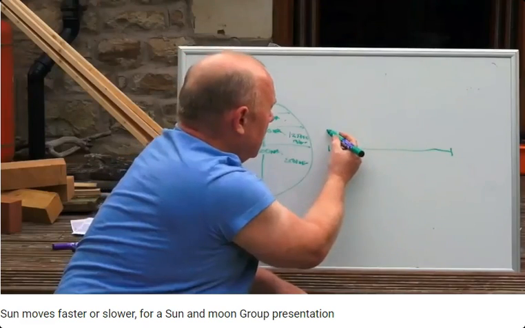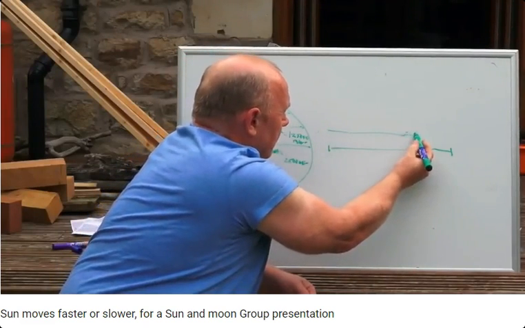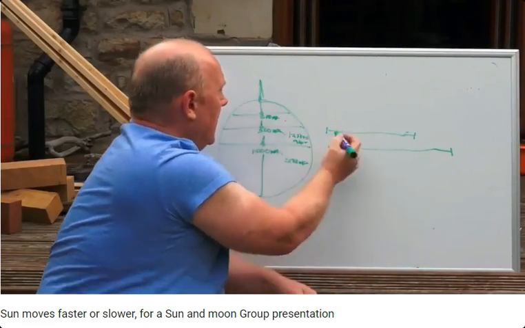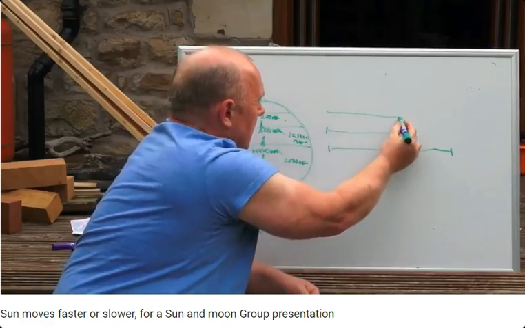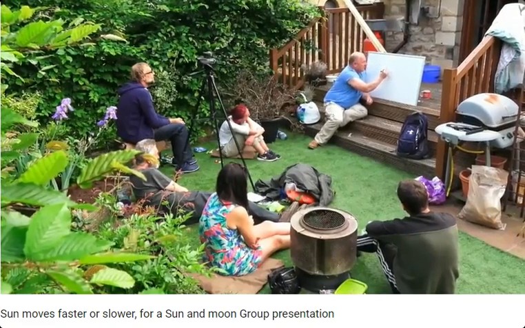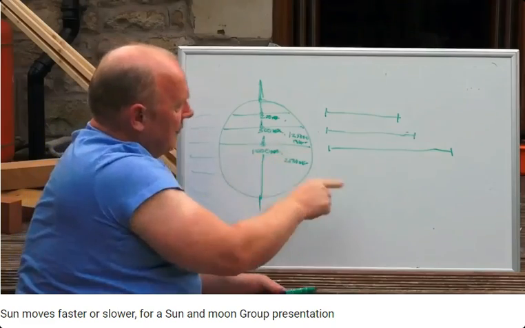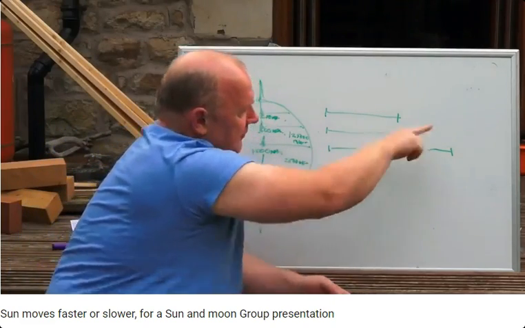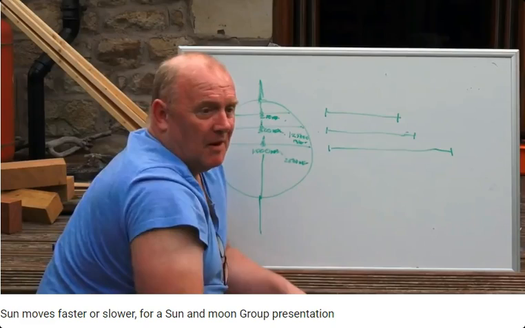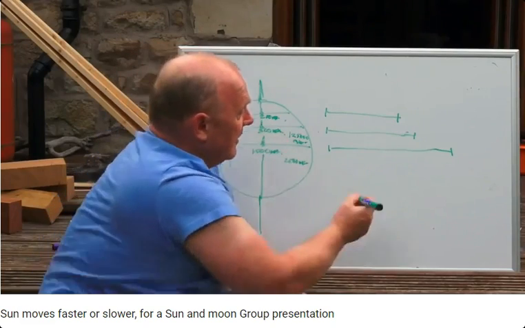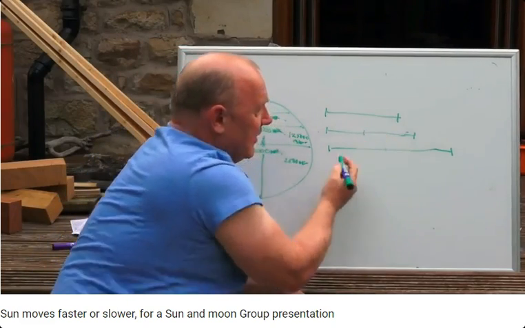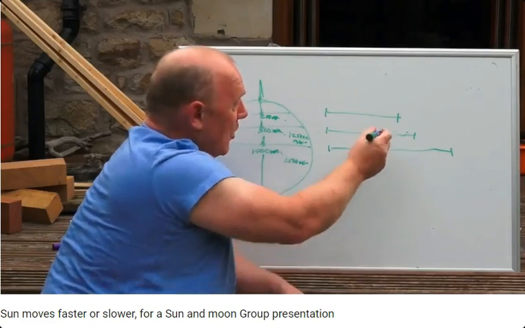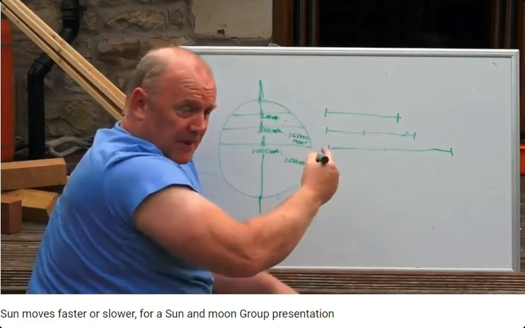That line is that distance, and that line is that distance. So the terminator line has got to travel along all these distances in the same amount of time. So the difference is the distance it's got to travel. So at each point it's got to travel a different distance.